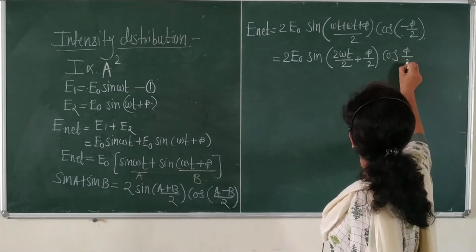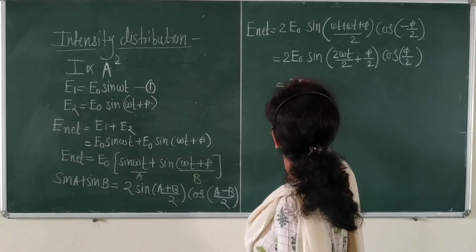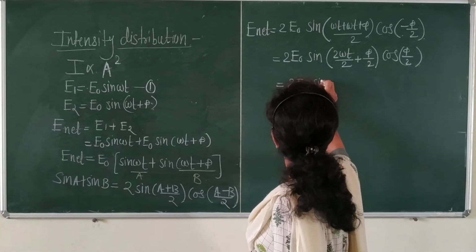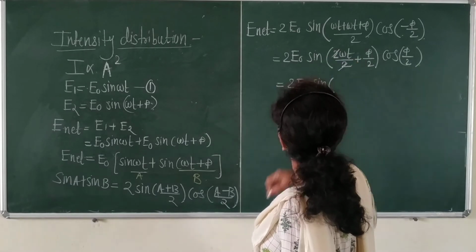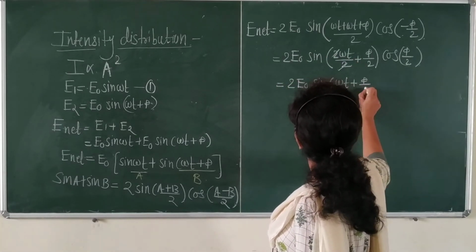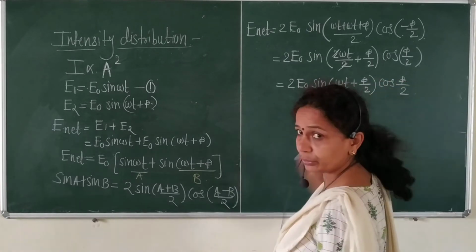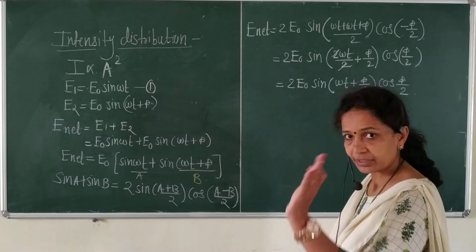Therefore, twice E naught sine of omega t plus phi by 2 into cos of phi by 2. Okay, rearrange this equation.